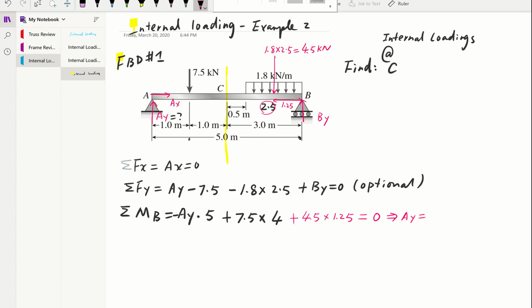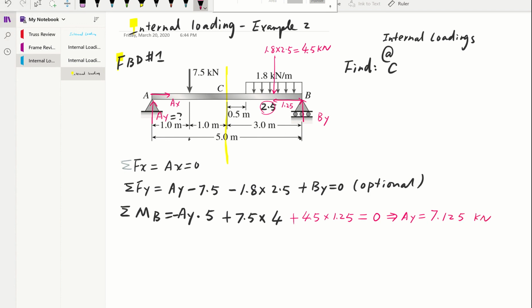So I'm putting my calculator. So I have 7.125 kilonewton for AY.